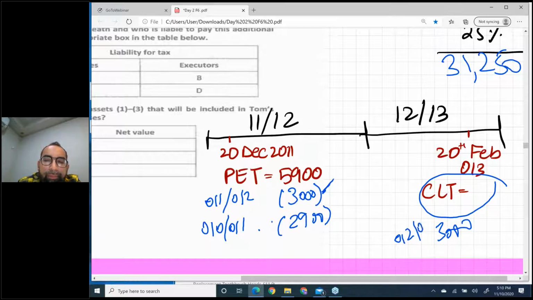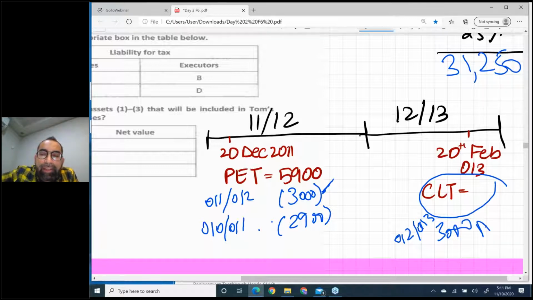That's it. My dear student, for the 12-13 CLT, you have only 3000 annual exemption of that fiscal year. Don't think that you have a brought forward annual exemption, because that has already been used in PAT. Okay, so your answer is 3000.